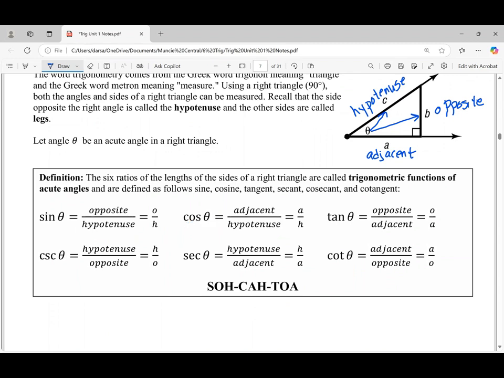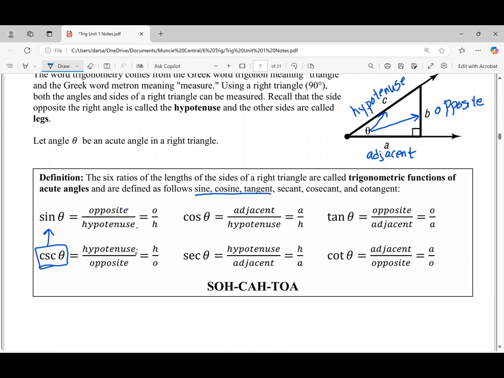Now, each one of these first 3, sine, cosine, and tangent, have what we call their reciprocal function. Remember, a reciprocal means if we took a fraction, 3/4, its reciprocal would be flip it upside down, 4/3. That's what a reciprocal is. And if you look, cosecant is the reciprocal function for sine, meaning sine is opposite over hypotenuse.